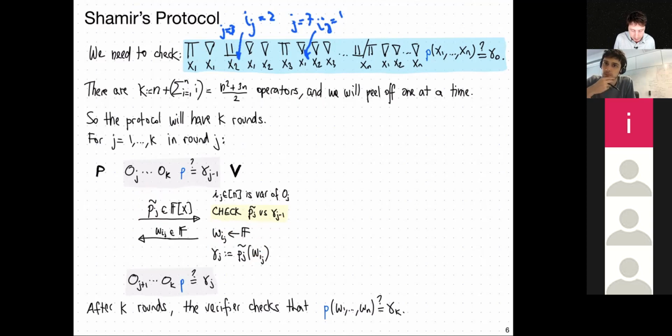This is how we generate the next claim. And then we're going to set the latest value for the variable. Maybe there should be a j here, and I should say new and old, sorry.